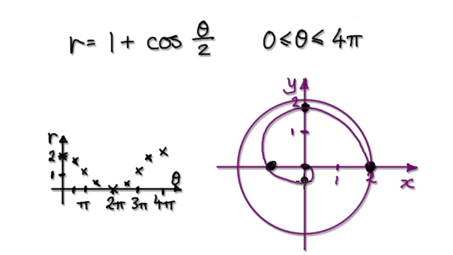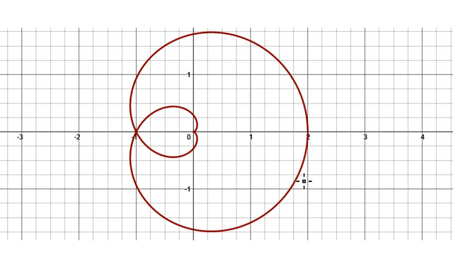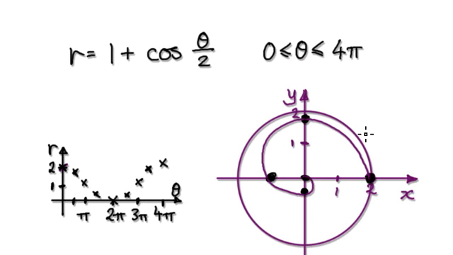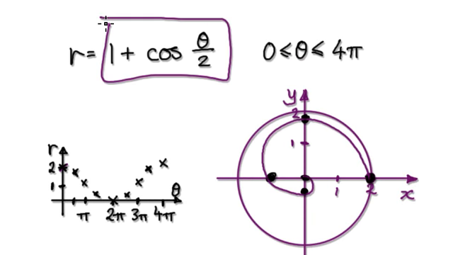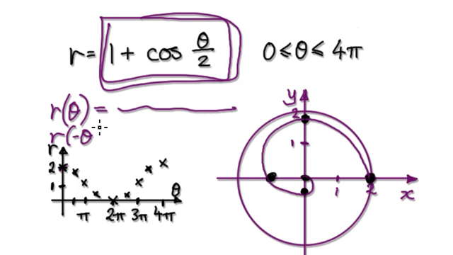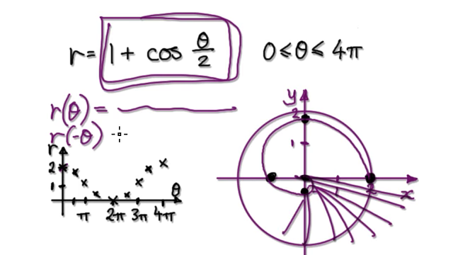So try and keep an eye out for something being even. This in a way is being even, because at the moment it's r of theta equals blah blah. If you put the negative version in, meaning if you go the other way, in the other direction, it would be symmetric. It would be exactly the same thing.